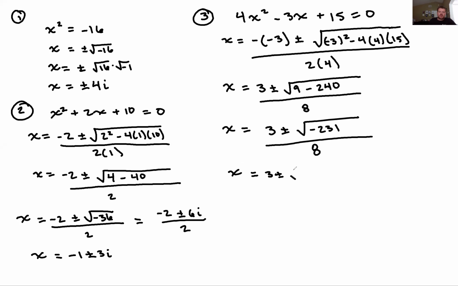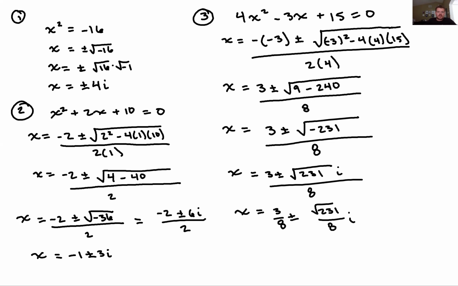So this is going to be 3 plus or minus the square root of 231 i, and then all over 8. Depending on the instructions in the assignment, sometimes you can just leave it as is once it's been simplified. So this would be your final answer. Or if you want to separate your real and imaginary parts, you could do x equals 3 over 8 plus or minus radical 231 over 8 i.